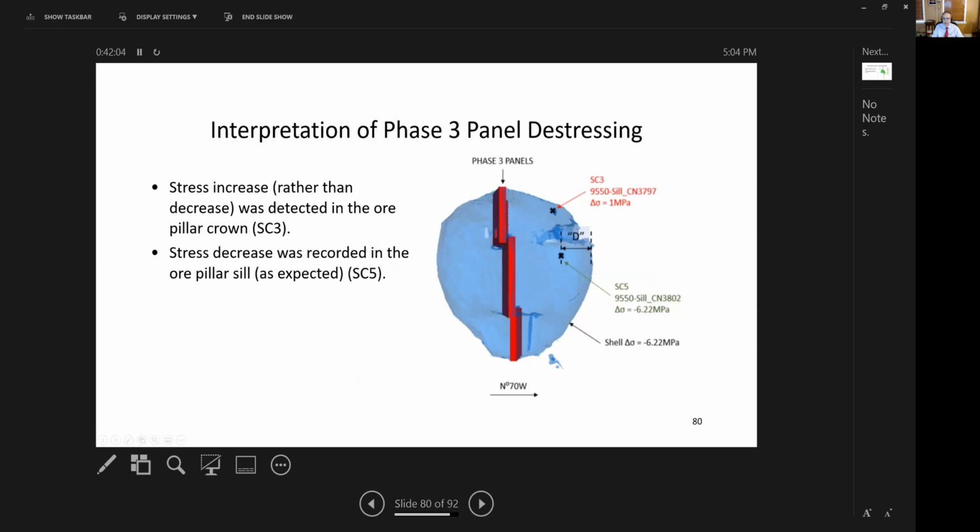What happened is that when we wanted to interpret the results of these stress holes, the stress increased rather than decreased in stress cell 3 in the crown, in the upper part of the pillar. Whereas in the lower part of the pillar, which is the sill, it went down by 6 MPa as expected.